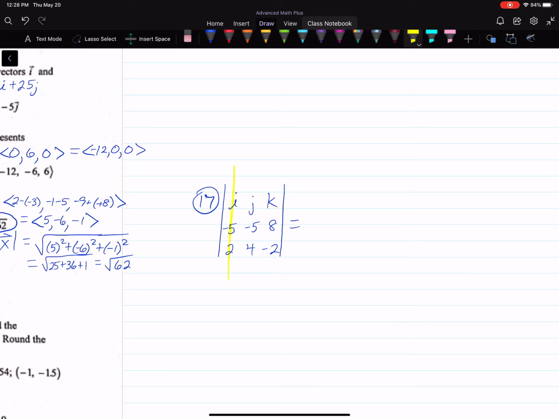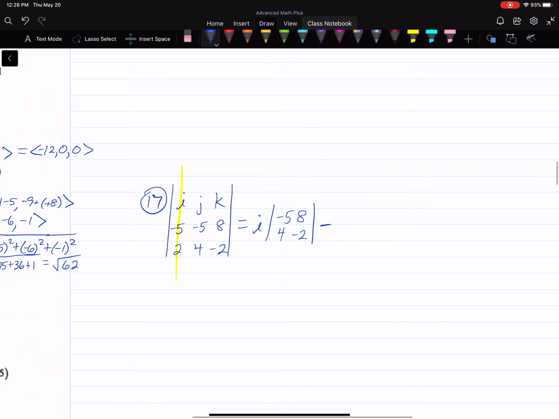So if I'm on that row and column, I'm going to write down my I, and I'm going to do the cross product of negative 5, 8, and 4, negative 2. Minus, very important, the J is always minus.